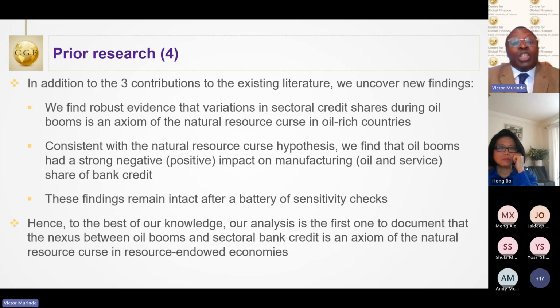It's another manifestation. By looking at the sectoral bank credit shares, we find another manifestation of the natural resource curse in oil-rich countries.